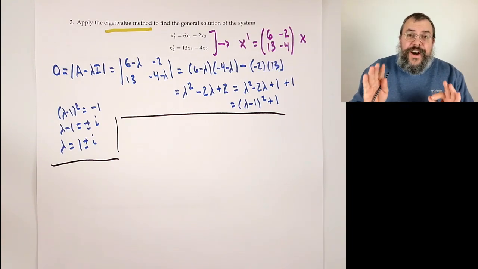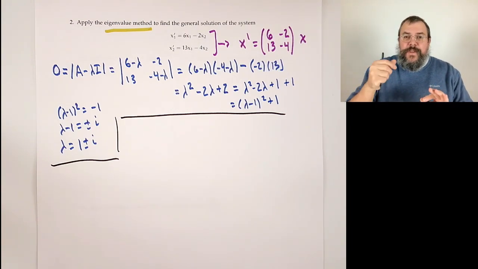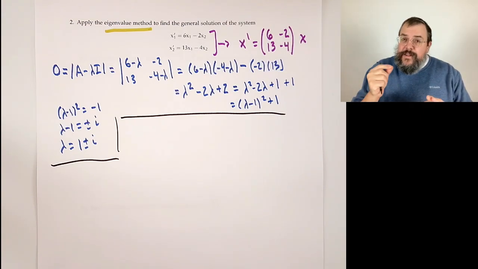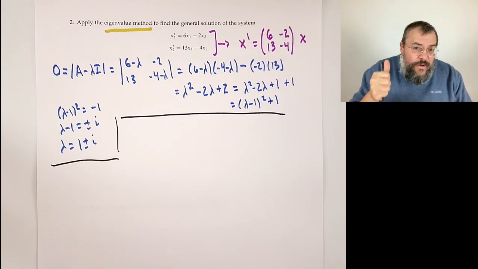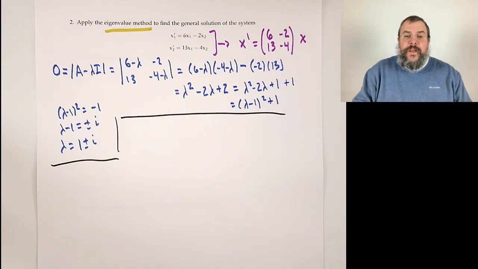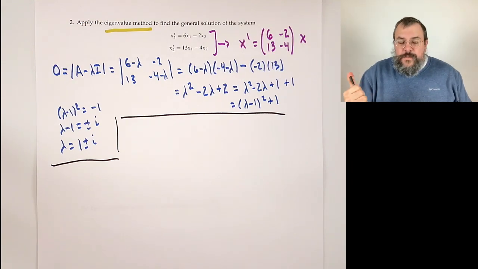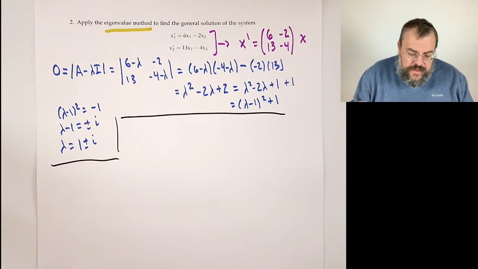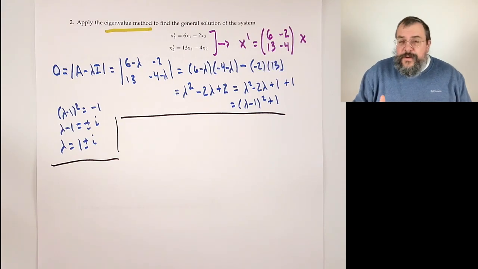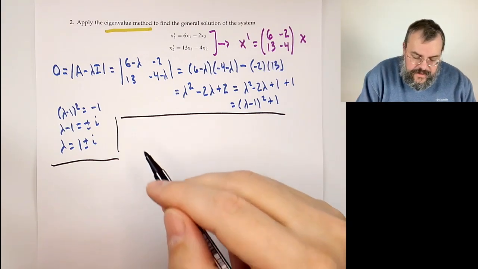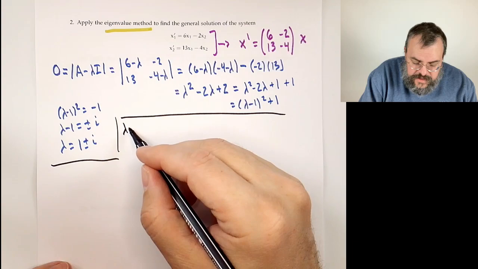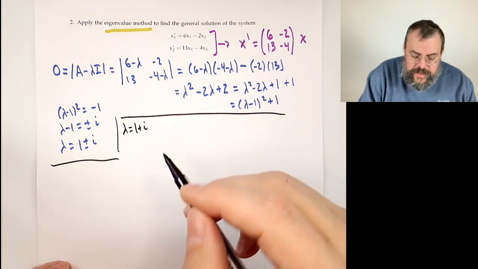The fancy word is conjugate, where you flip the sign in front of the i piece. And that also is going to hold for the eigenvectors. So we only need one. It doesn't matter which one, but let's go with 1 plus i. So let's do lambda equals 1 plus i.